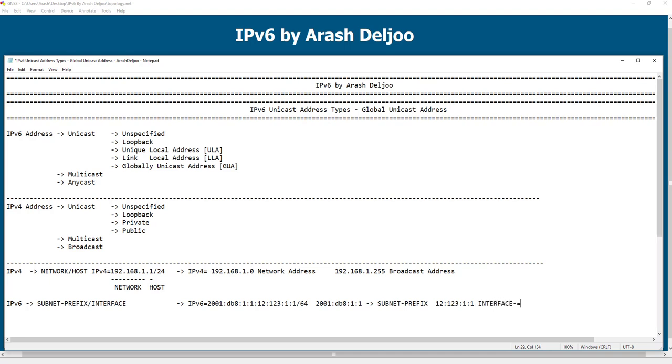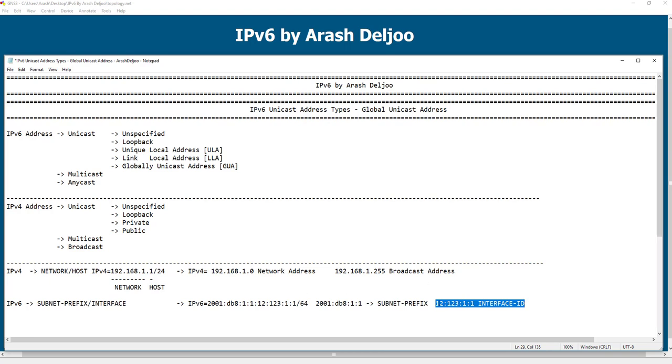This means that all of the PCs in the same network should have these 4 hextets at the start of their IP address, because they are in the same network and should have the same subnet prefix, but all of them should have a different interface ID, the same as IPv4.